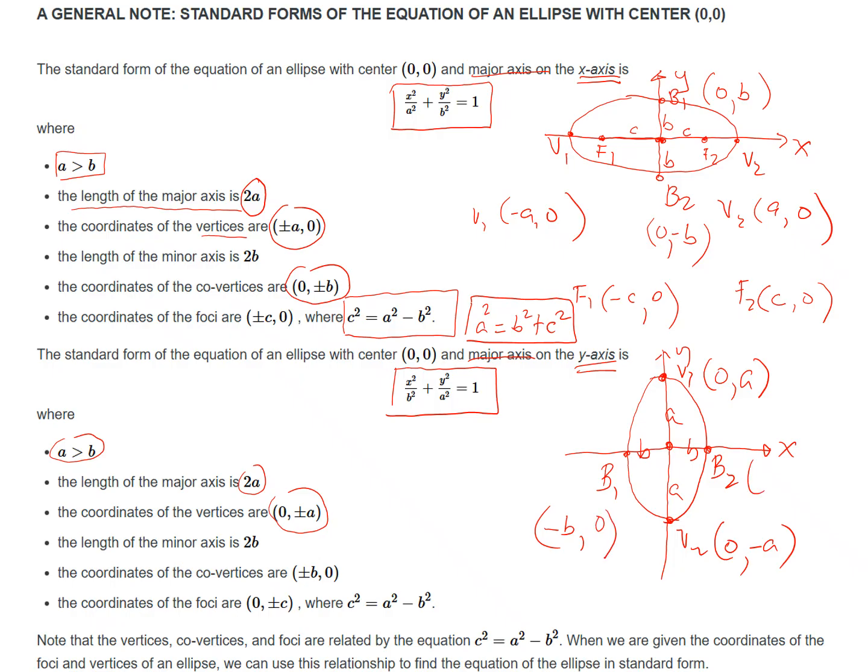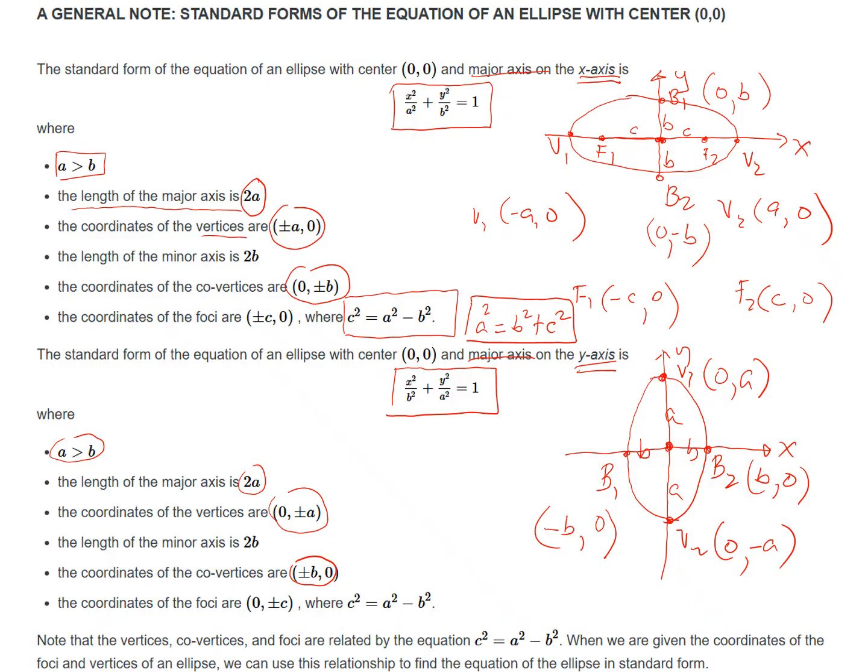For b2, the abscissa, since this is to the right of the origin, is positive b, and the ordinate is also 0 because this point is on the x-axis. So this is the meaning of this.